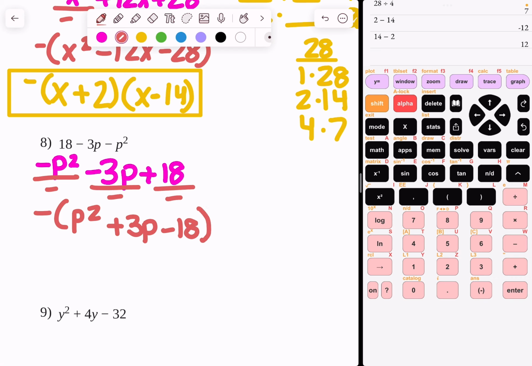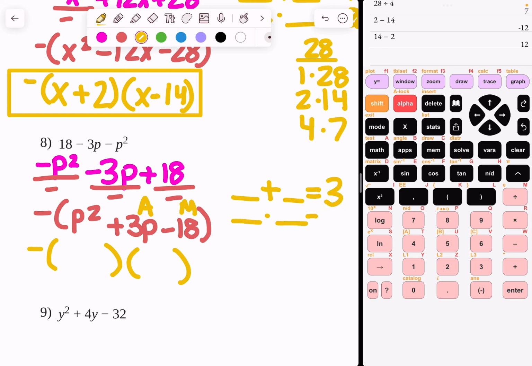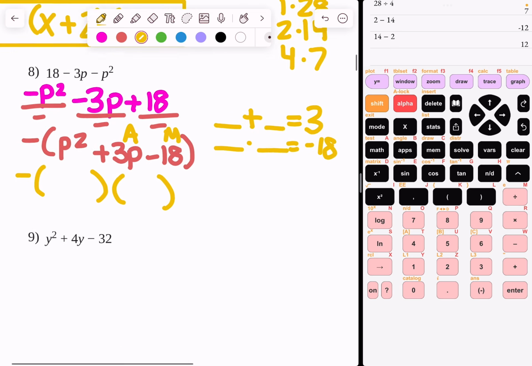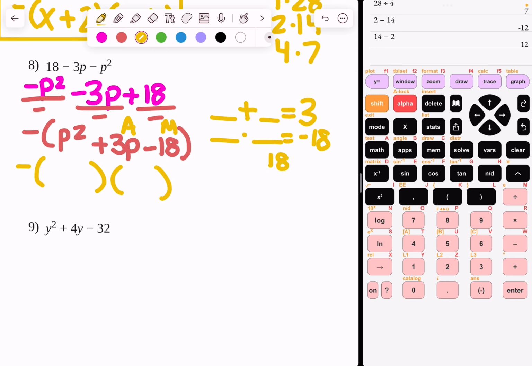Perfect. Now we are going to be finding what adds to 3 and what multiplies to negative 18. Factors of 18 are 1 and 18, 2 and 9, and 3 and 6.